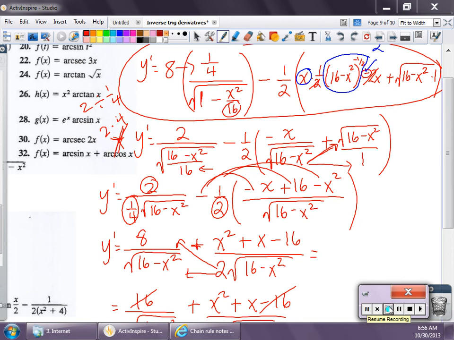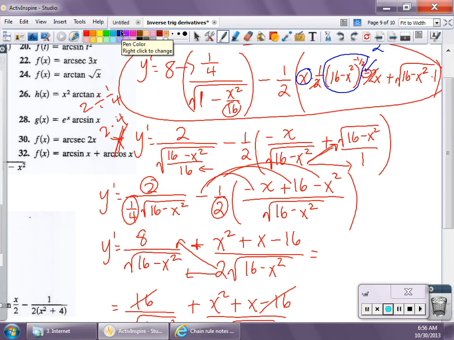And I did catch a mistake. I'm going to go back and fix that for you. Right here, my x. So the two blue x's, x times x makes x squared. So this should be x squared. This should be x squared. This should be x squared.